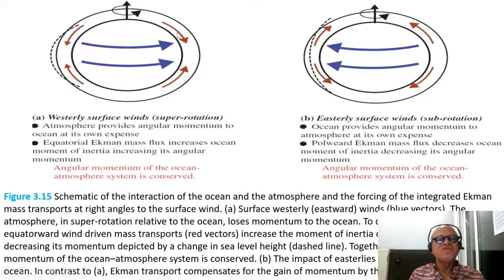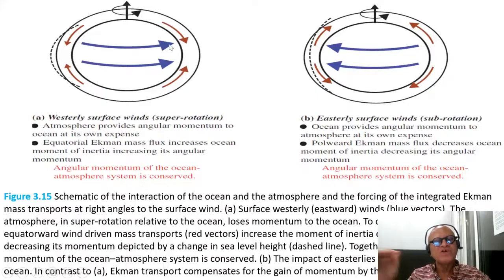When this happens, Coriolis is going to tilt the ocean that's being dragged in this direction by the winds to the right. So let's say here we are across the equator, so you are going to have the Ekman flux coming to the right in the northern hemisphere and to the left in the southern hemisphere.